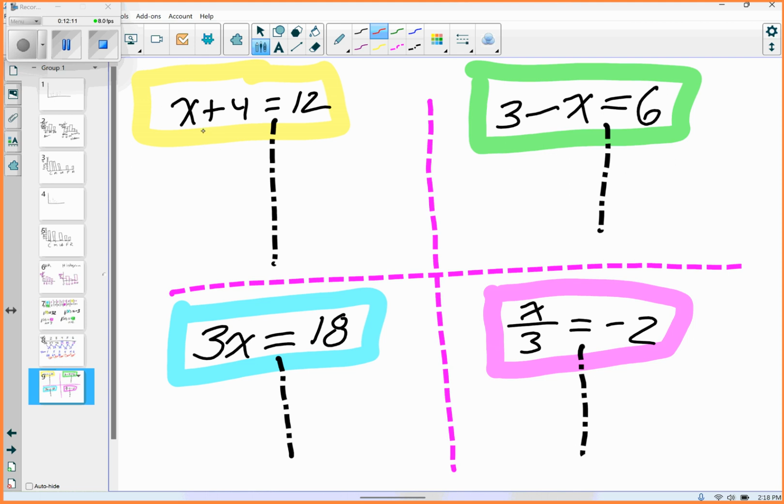So this is a positive 4. So if I do the opposite to both sides, this cancels this out and leaves me X. I can't combine. I can't add a letter and a number together. Okay. So that's not going to work. So I get X, and then you do the arithmetic. What's 12 subtract 4? 8.